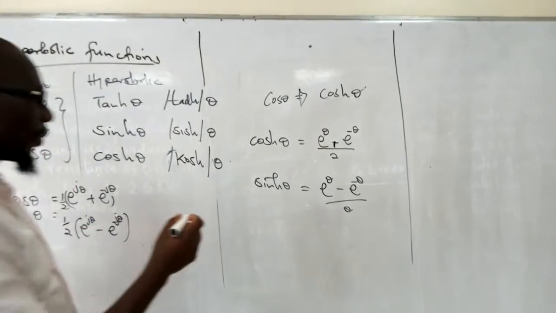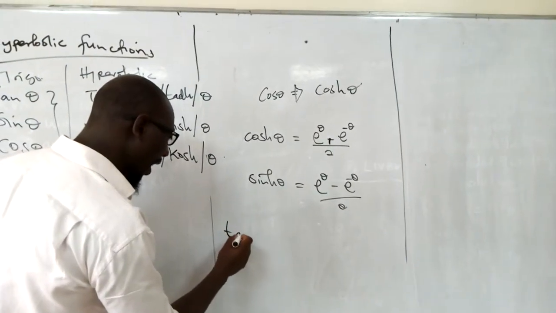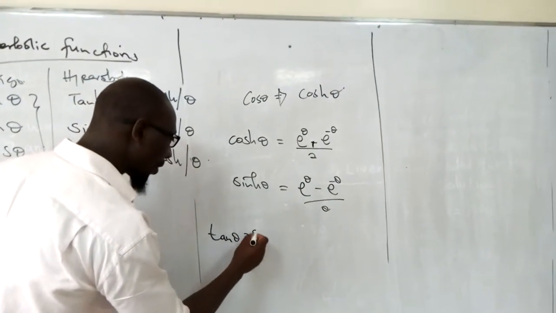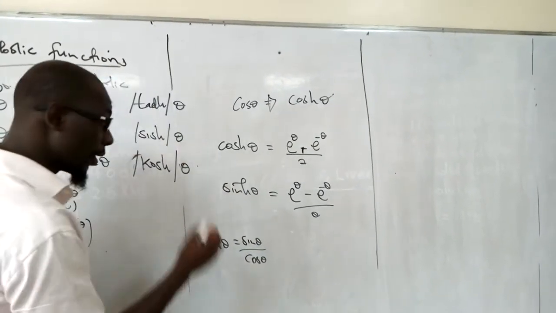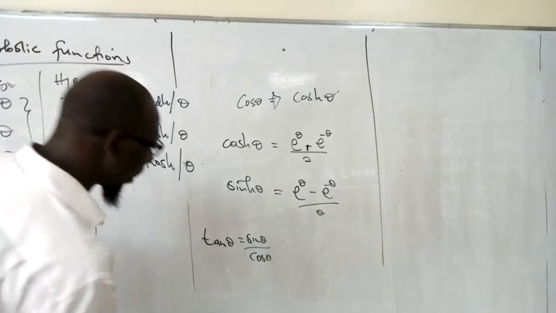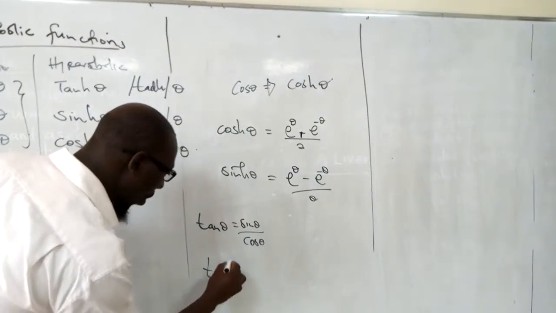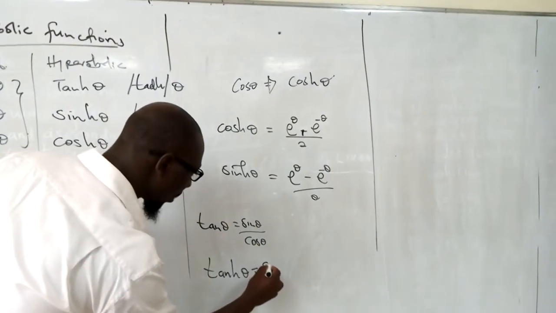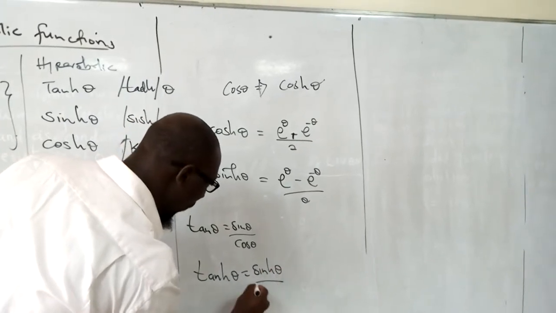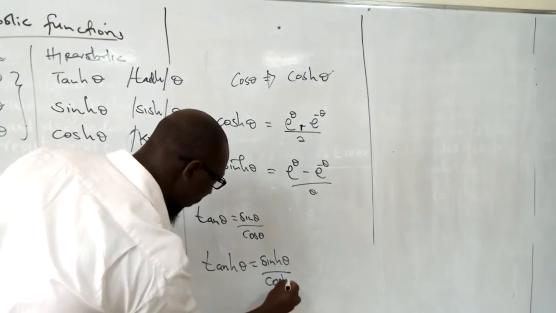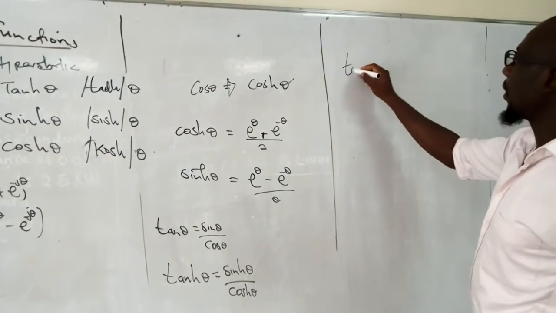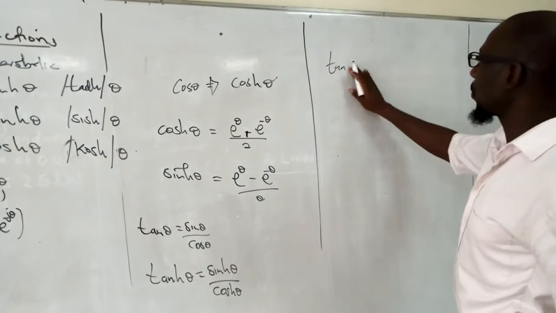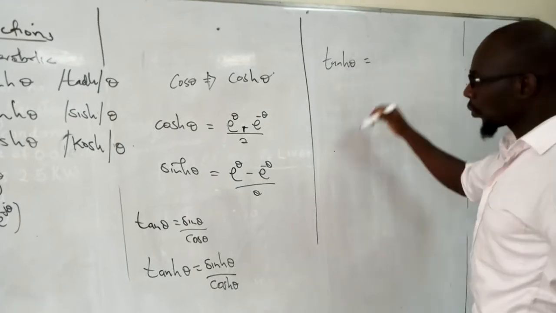Same way we know that from trigonometry, tan of an angle theta is equal to sine of theta over cosine of the same angle theta. So the same thing applies in hyperbolic, such that tanh of theta is given as sinh of theta over cosh of theta. So we can substitute these to get tanh in terms of exponentials.